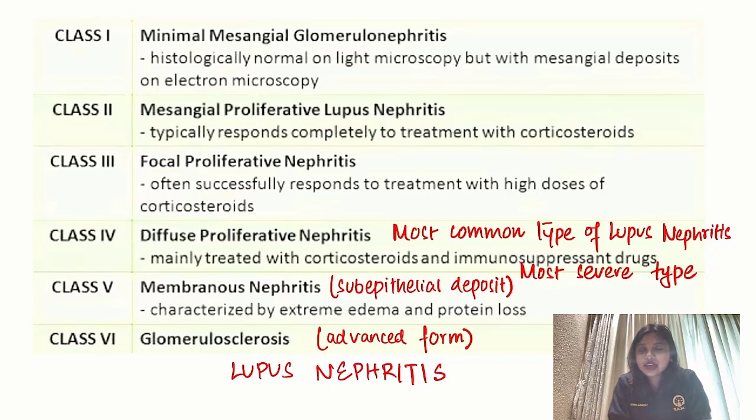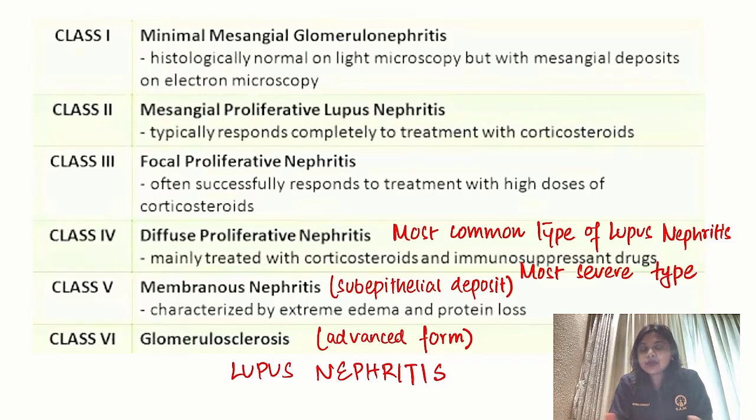Okay, so what we can do, usually we just monitor it. Usually in PSGN, the complement level normalizes at 8 weeks. Again, this is an MCQ. In PSGN, the complement level normalizes at 8 weeks. However, in lupus nephritis, it will be persistently low. And if it is persistently low beyond 12 weeks, then we perform a renal biopsy, right?